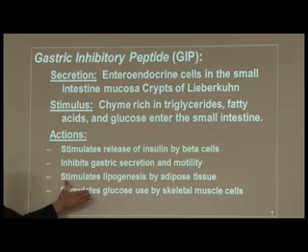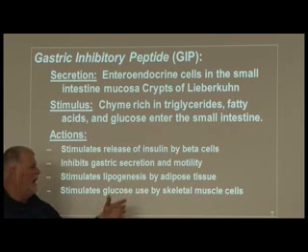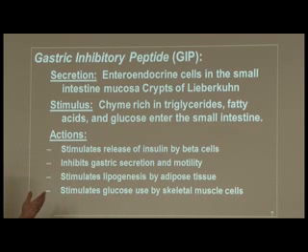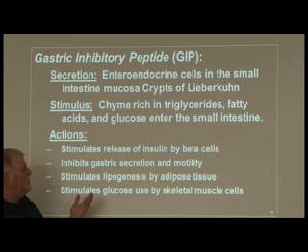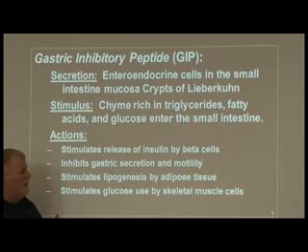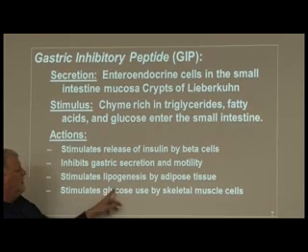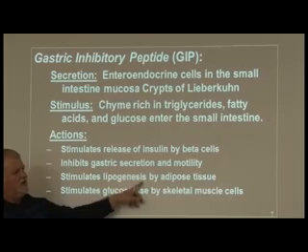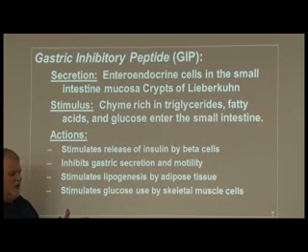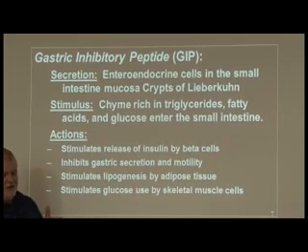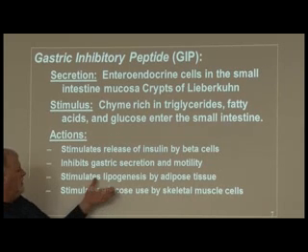It stimulates lipogenesis by adipose tissue. So we have a bunch of words that we use when we're thinking about biochemical processes. So anytime the word ends in genesis, it means we're going to take small molecules and make large molecules from them. So the first part of the word is used as a reference to the molecule that's being produced.